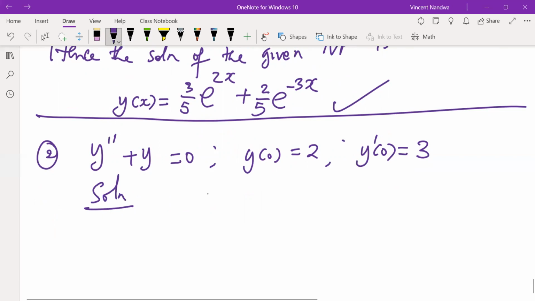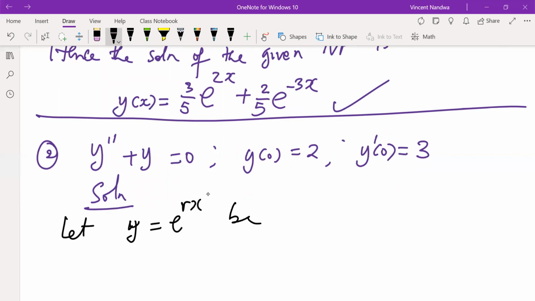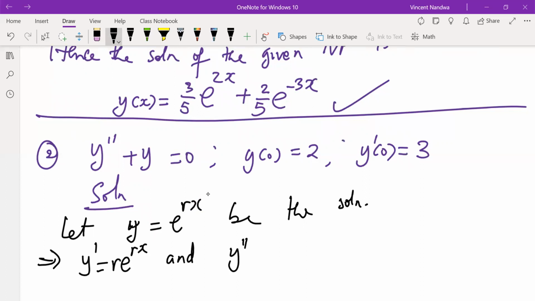Solution. So let y be e raised to power rx be the solution. So which means that y prime is r e raised to power rx, and the second derivative will be given by this.